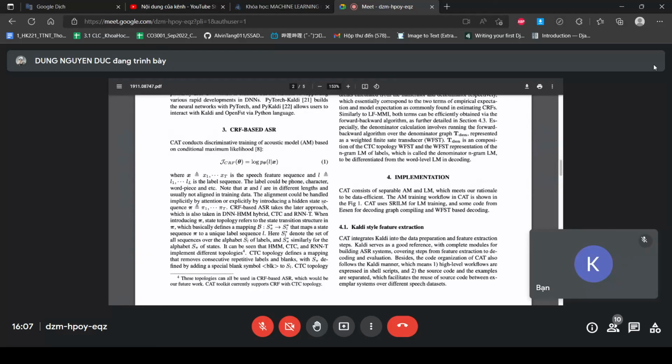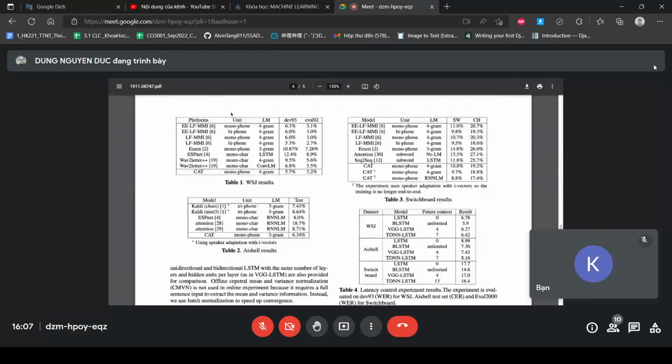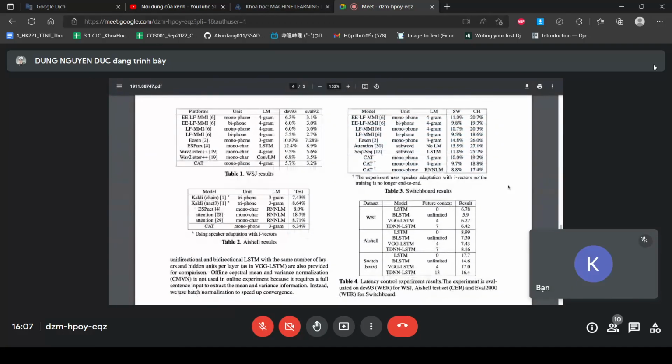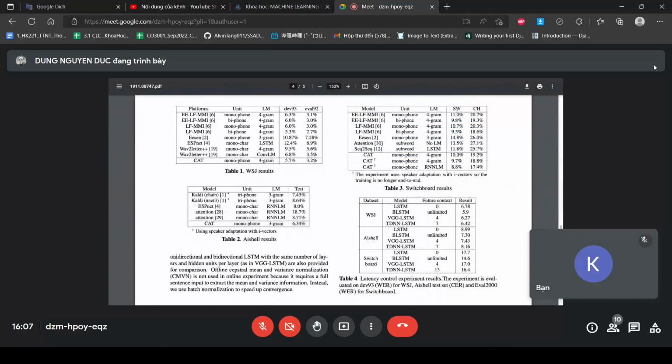If you take a look at that information, like some evaluation using a different approach, as you can see in this table, table number 3, the error is actually very low and good in terms of recognition performance.